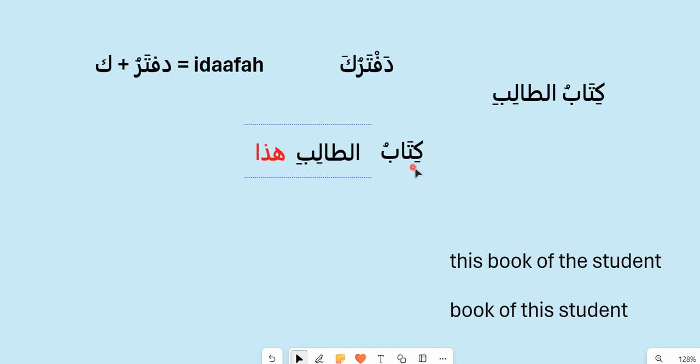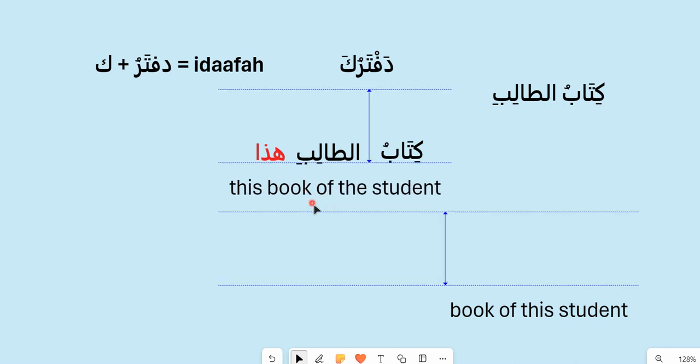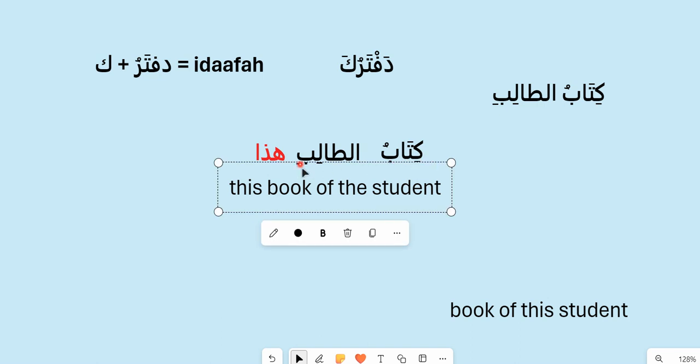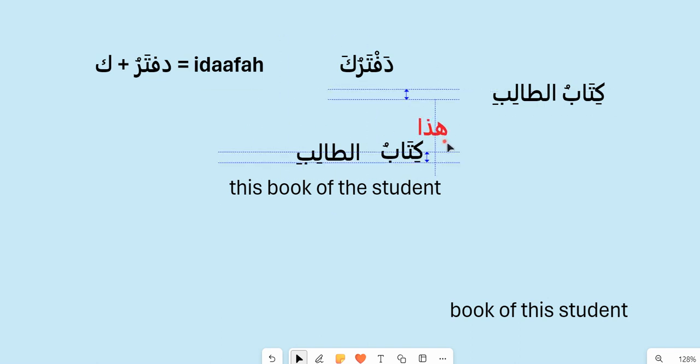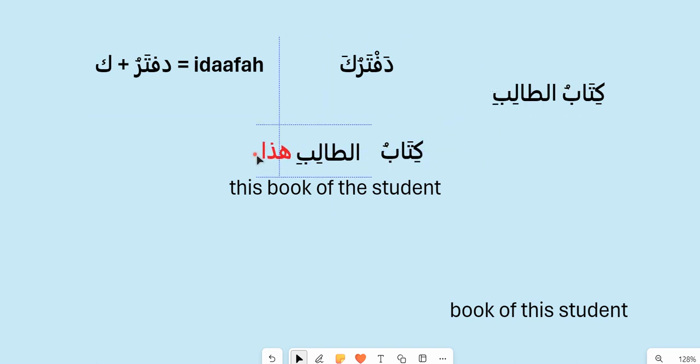The translation will be "this book of the students". It is totally wrong to put ism al-ishara before the mudaf. You cannot write hadha kitabut talibi. You have to put the hadha at the end of idafa if you want to use the ism al-ishara for mudaf. So this is the rule for ism al-ishara.